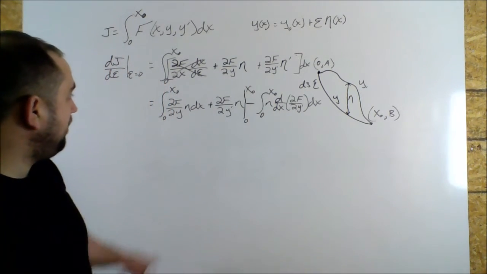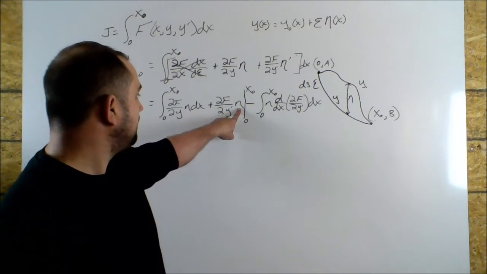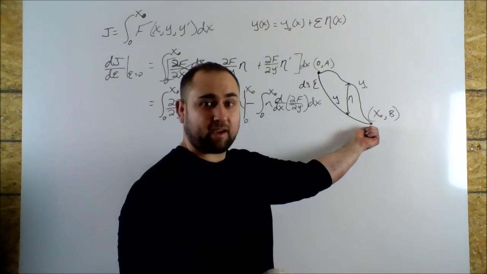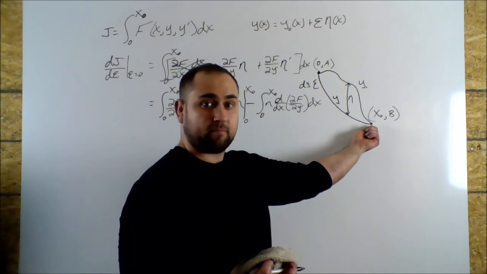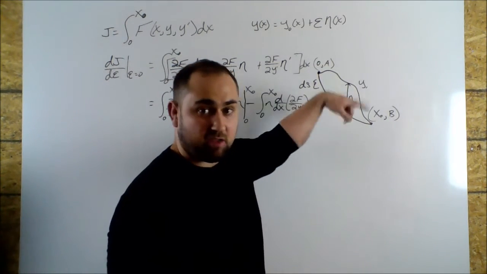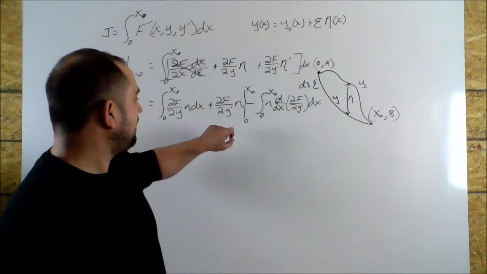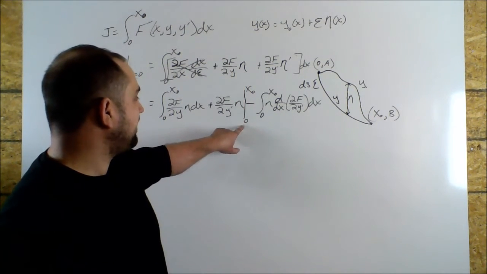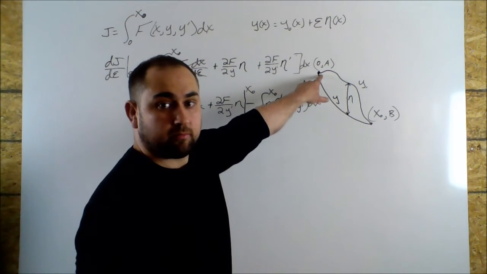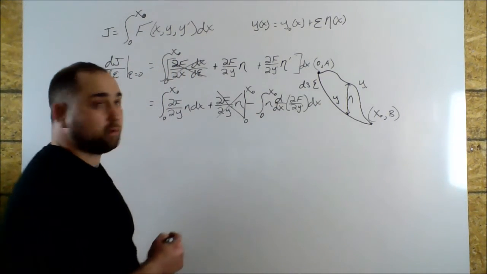Now, when I plug x naught in for eta, I get 0. The variation is 0 at x equal to x naught. There's no variation between the actual curve and any other curve at that point. So likewise, there's no variation at the other bound. So this term is always 0.